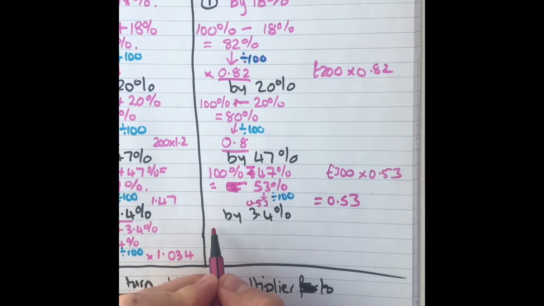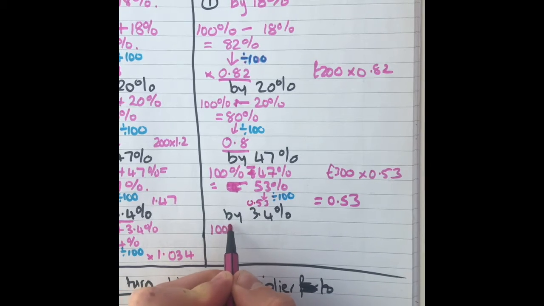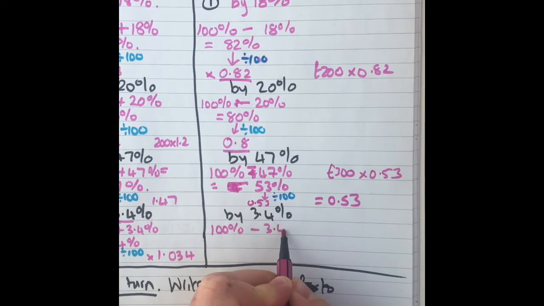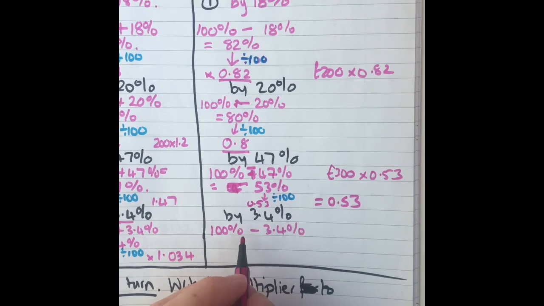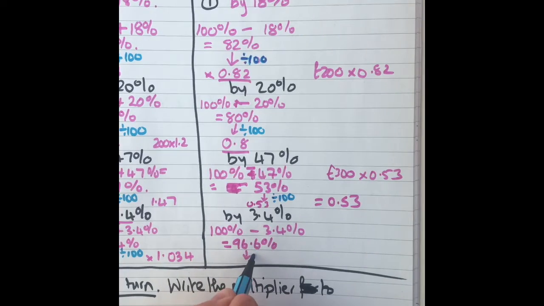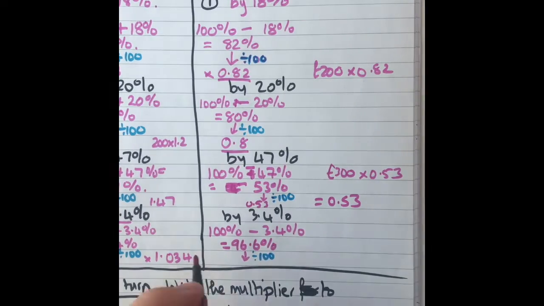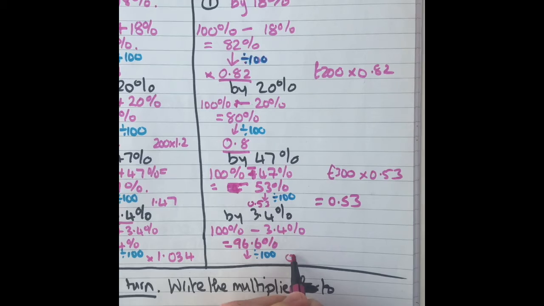Okay, and then last one, 100, take away 3.4%. Right, be careful, so 97 will be take away 3, so 96.6 it will be, which when you divide by 100 is 0.966.